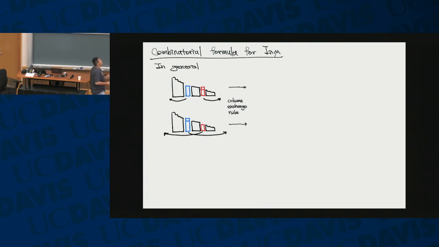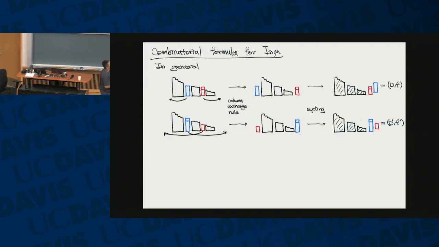So we apply the column exchange rule to move these columns. We have to apply the column exchange rule again and again to move this blue column all the way to the right, and this red column all the way to the left, and do a similar thing for this. And for these two filled diagrams, you apply cycling to obtain the final filled diagrams.